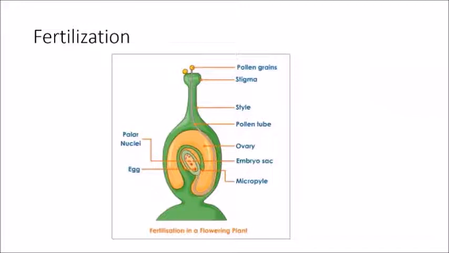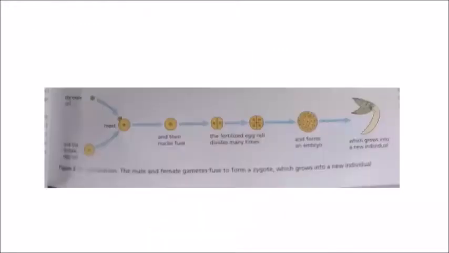Okay, so once the zygote is formed, it's going to slowly grow into an embryo, and it's going to start growing an embryonic plant, which is going to be the plumule and the radicle. Okay? And then also it's going to create a cotyledon, okay?